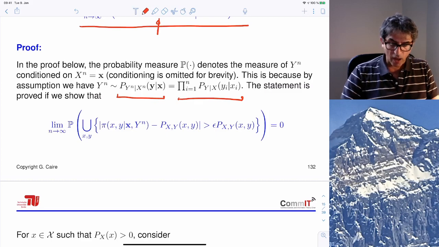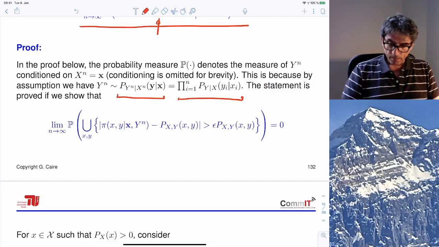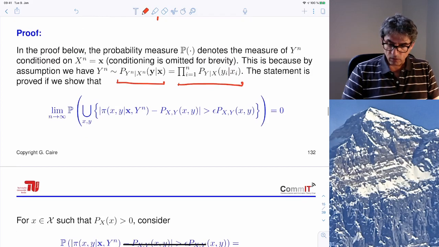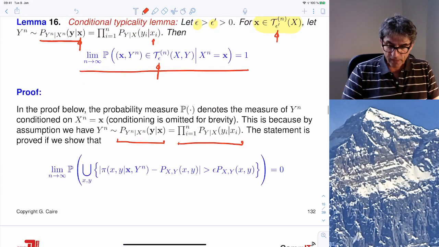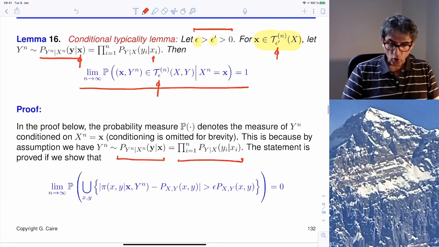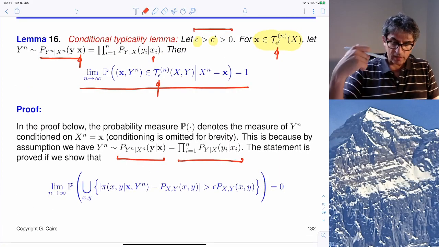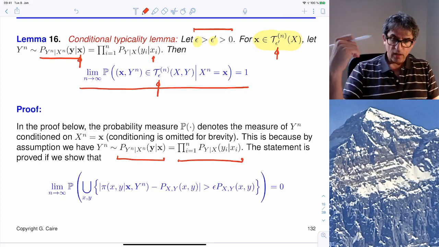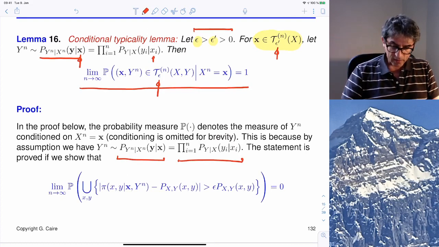So we generate y conditionally on x. And then we look at the condition for being jointly typical, so the generated y to be jointly typical with x.